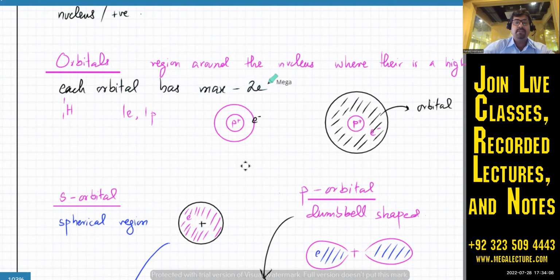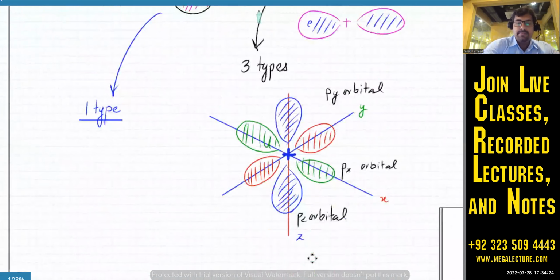You can't have more than that. That's fixed. Similarly, if the negative charge is spread in the p orbital, this entire p orbital can accommodate the maximum charge of 2 electrons. Not more than 2. That's a fixed number.